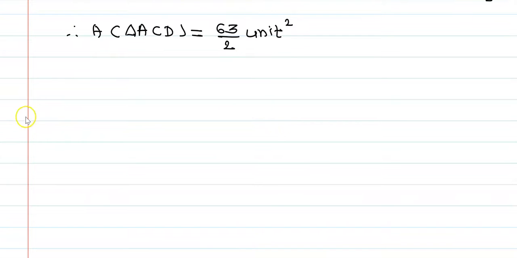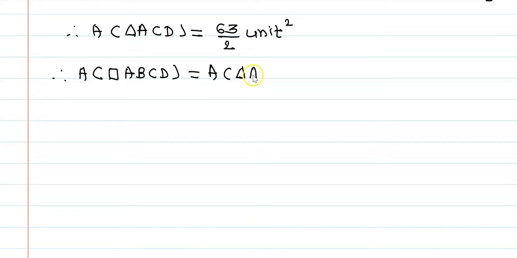Now we want to find out the area of this quadrilateral ABCD. Therefore, area of quadrilateral ABCD equals area of triangle ABC plus area of triangle ACD.